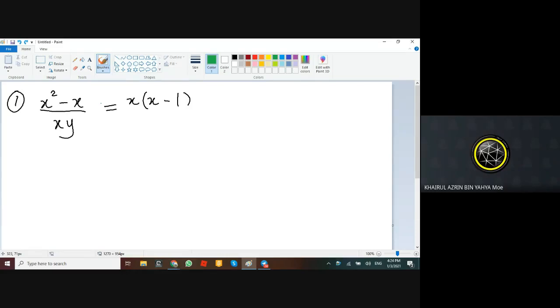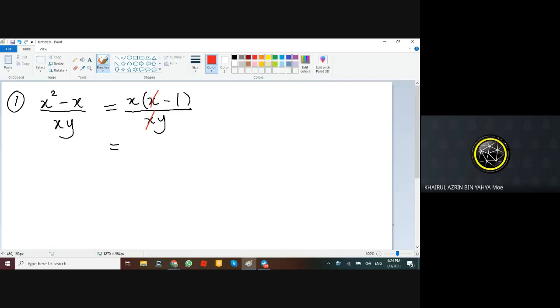Let's continue. At the denominator, we write again xy. So this one is equal to, x and x here, we can cancel. This one, x in the bracket, you cannot cancel.